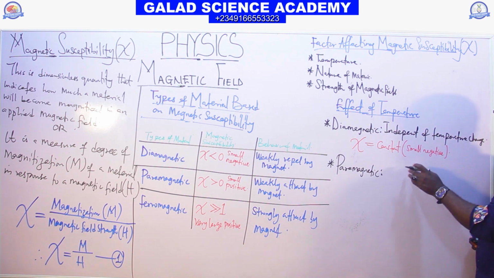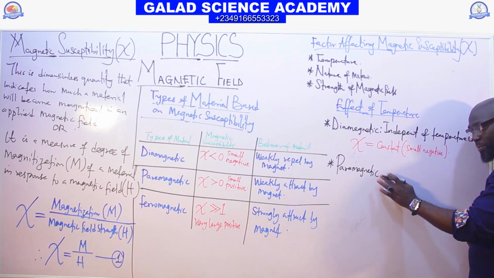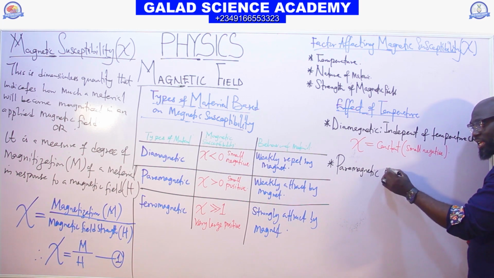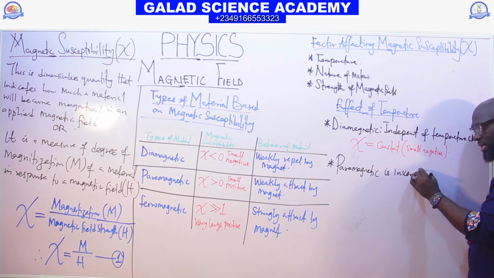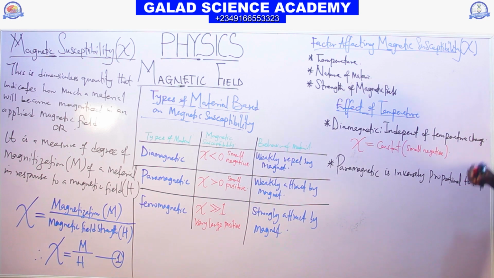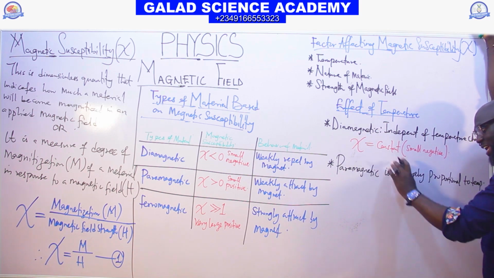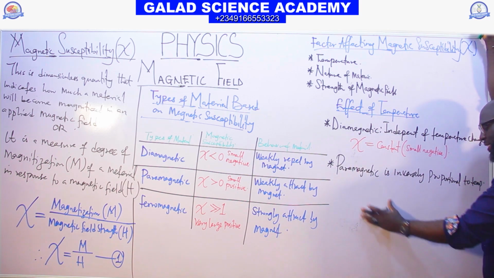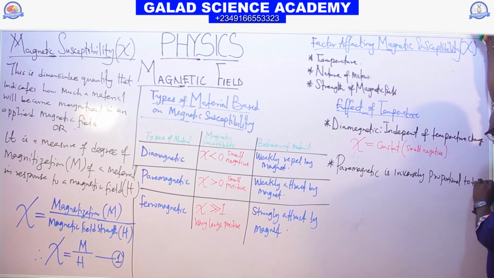So this paramagnetic substance is inversely proportional to temperature. Full stop. And this inverse proportionality, the relationship between paramagnetic material and temperature, can be explained by Curie.